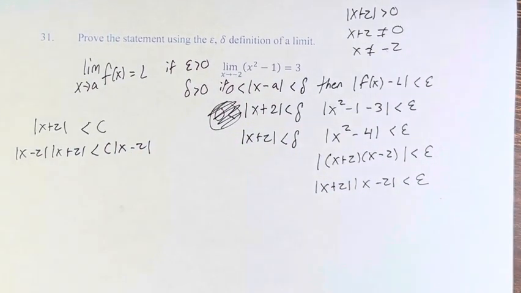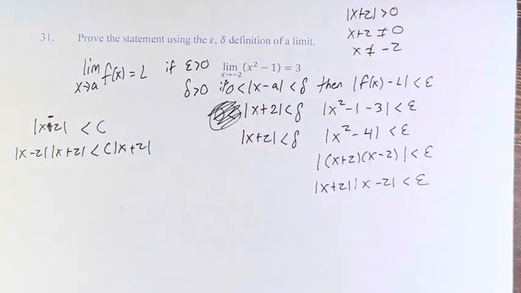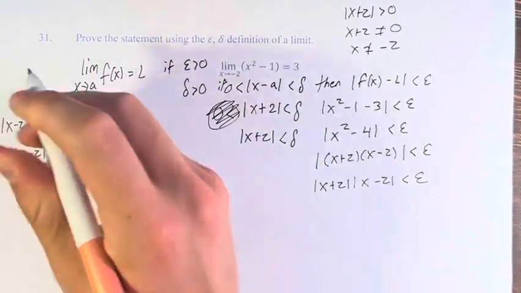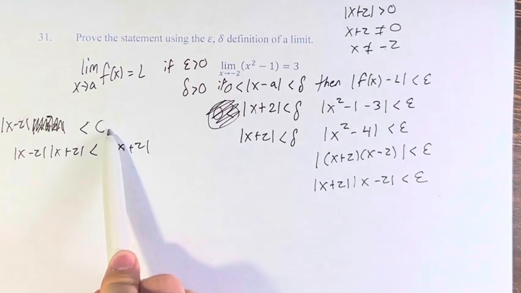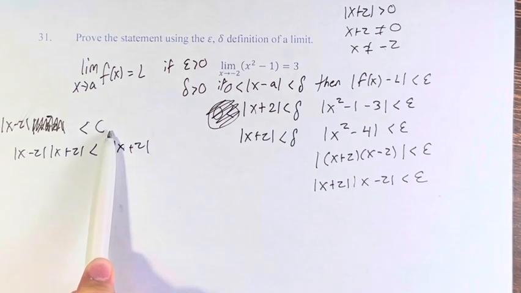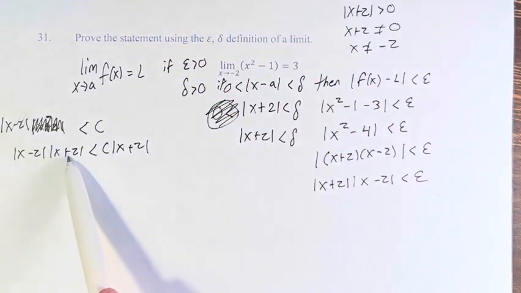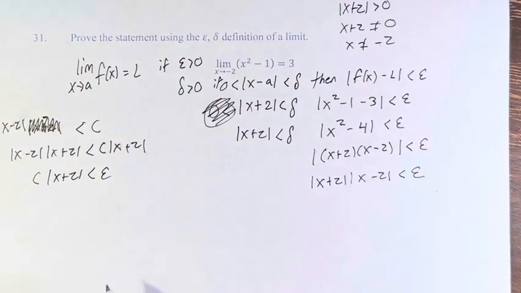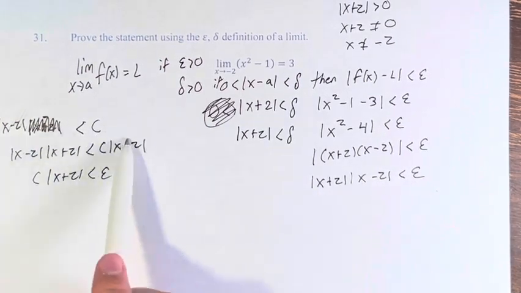And therefore we can say that I did mess it up, and I was right to make that change. c is greater than the absolute value of x minus 2, and therefore if we take x minus 2 and c in this inequality, the reason I chose this and the reason why I was getting confused over this is because what we want to do is multiply both of these sides by x plus 2, which we do, and therefore we can say that c times x plus 2 is less than epsilon, because x minus 2 times x plus 2 is less than epsilon, and it's less than c times x plus 2.